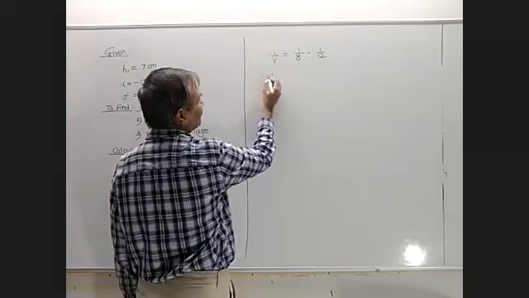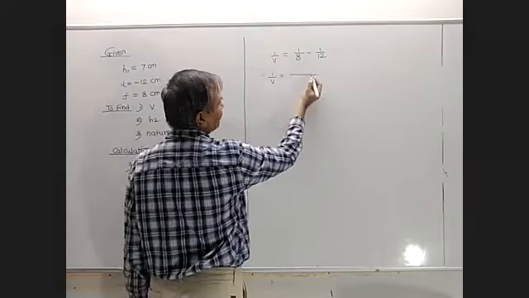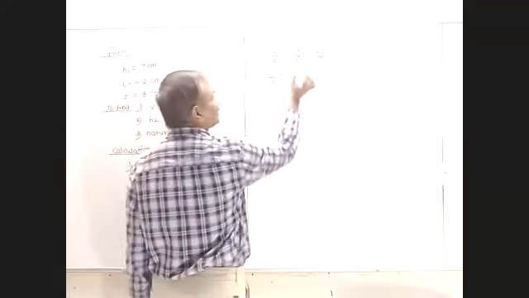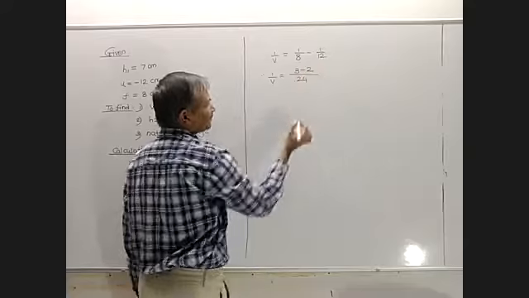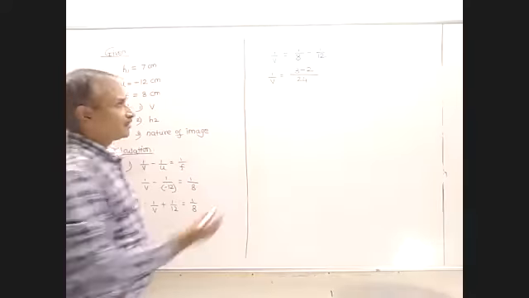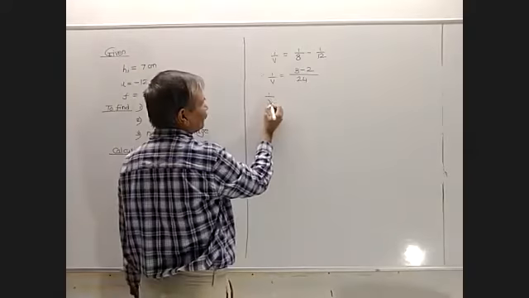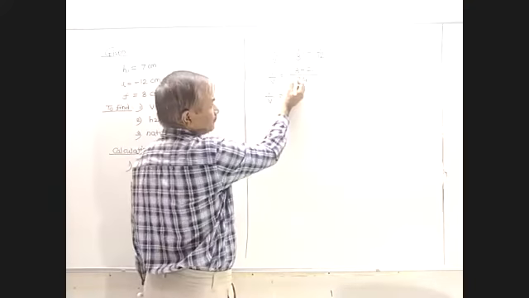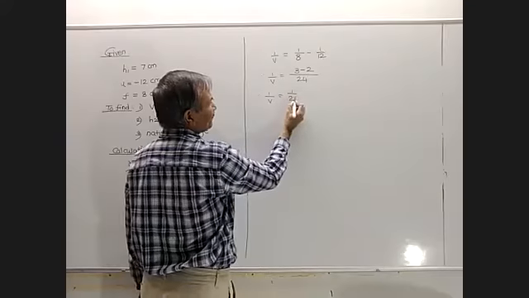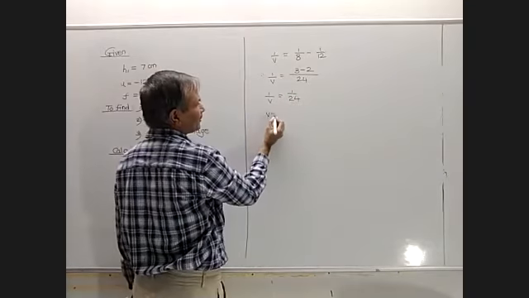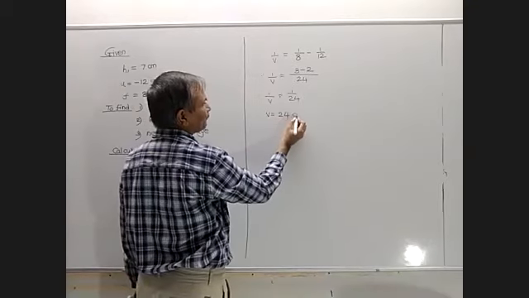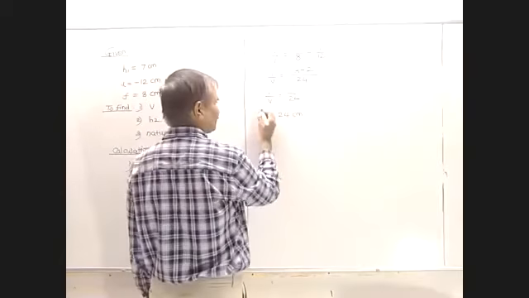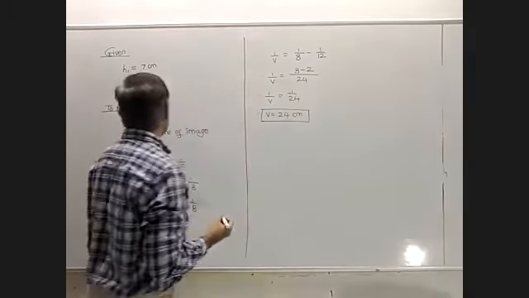Now look, LCM is 24. 8 threes are 24, 12 twos are 24. So 1 upon v is 3 minus 2, which is 1 upon 24. So v is equal to 24 centimeter. Means image distance v is 24 centimeter.